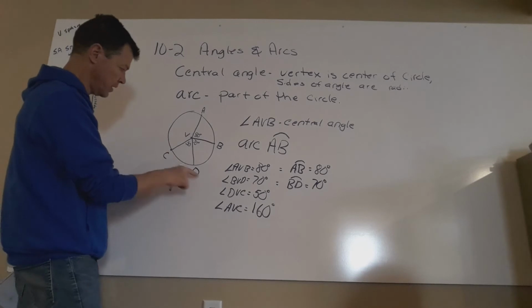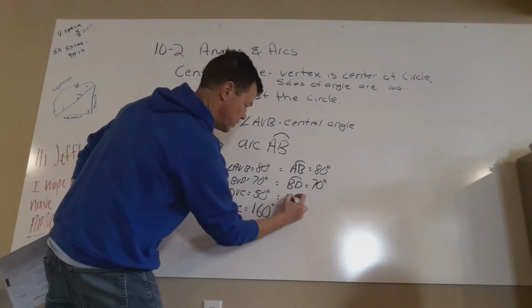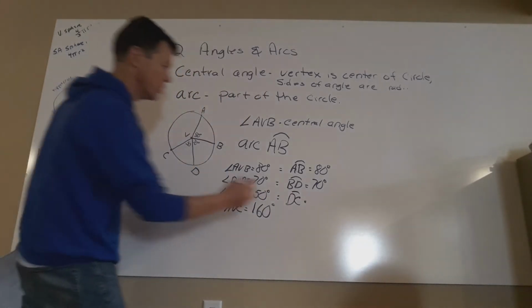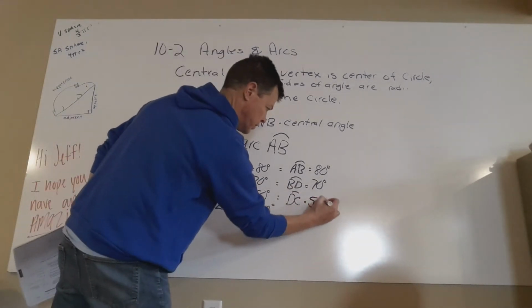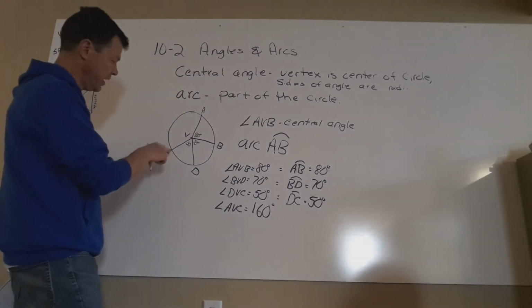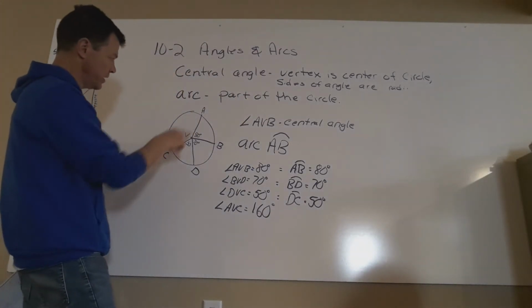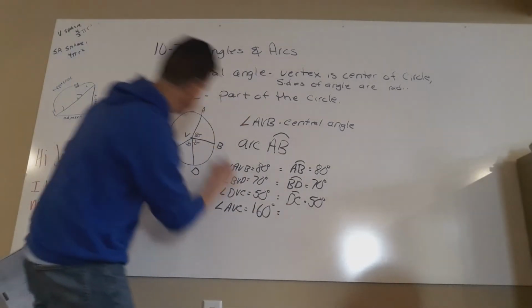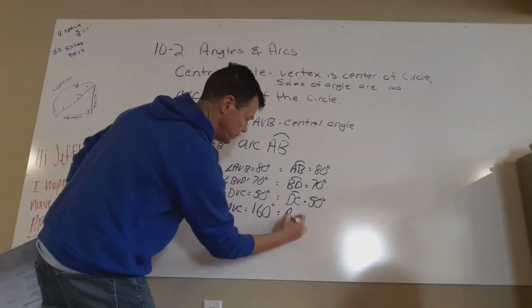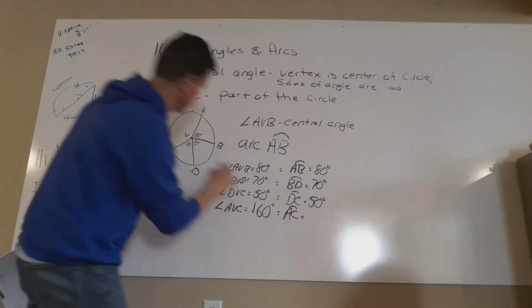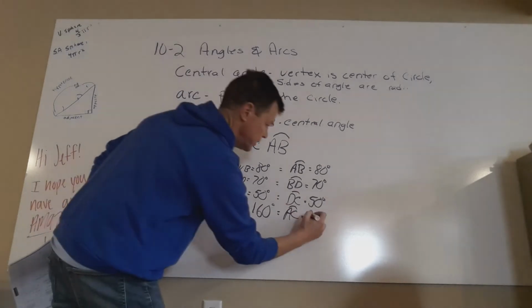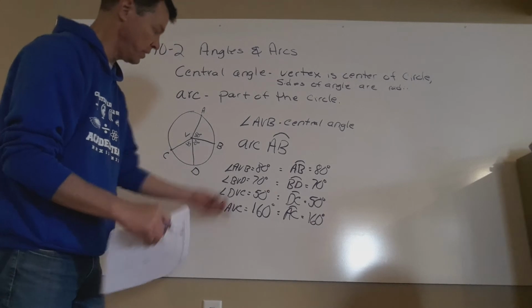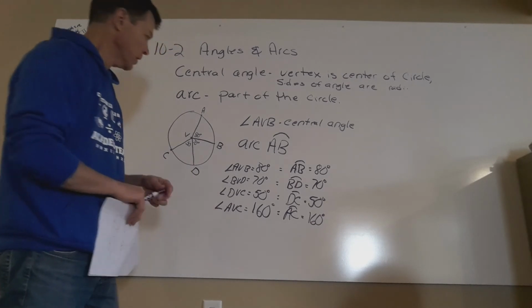DVC, that's going to be arc DC. DC is going to be 50 degrees. And then arc AC is equal to angle measure AVC. And that's arc AC, 160 degrees. All right, and if we were to add all those together, you obviously get 360 again.